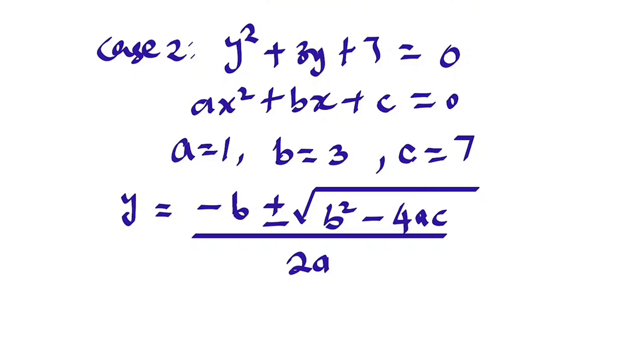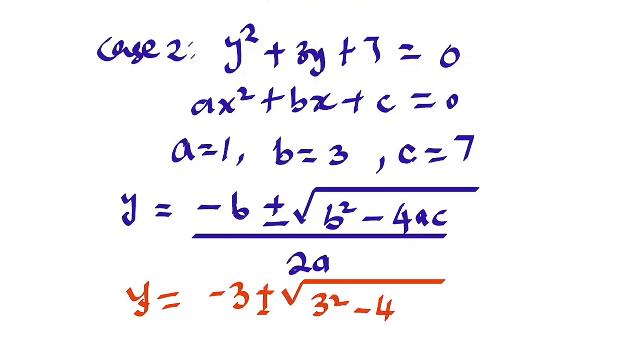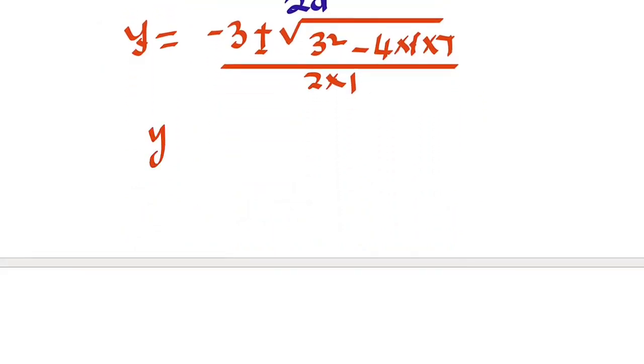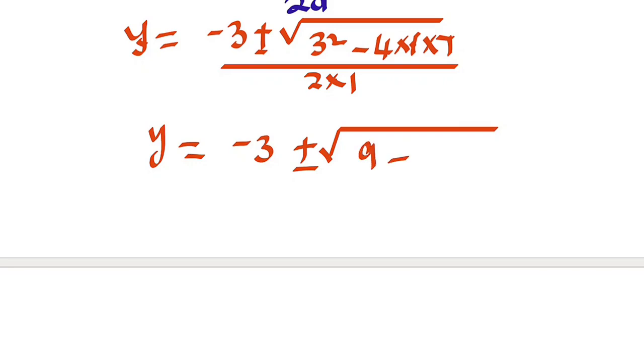So from there, y is going to be minus 3 plus or minus the square root of 3 squared minus 4 times 1 times 7, divided by 2 times 1. Are you getting it? Moving further, we're going to have y equals minus 3 plus or minus the square root of 9 minus 28, then divided by 2.